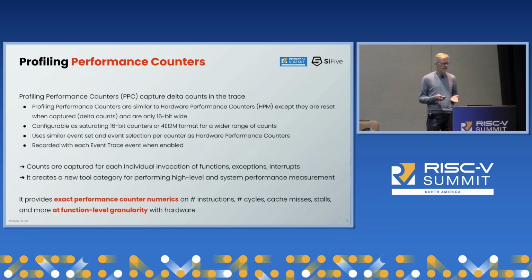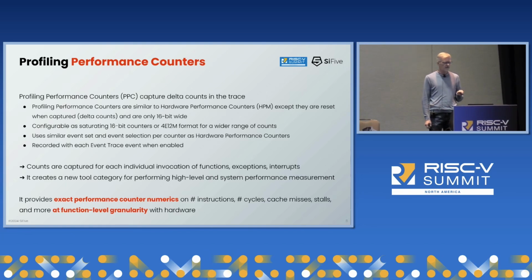On top of this, we have added profiling performance counters. If you already know about hardware performance counters, these count the occurrence of specific events in your system, like cache misses, branch mispredictions, or the number of certain instruction types, all sorts of stuff.